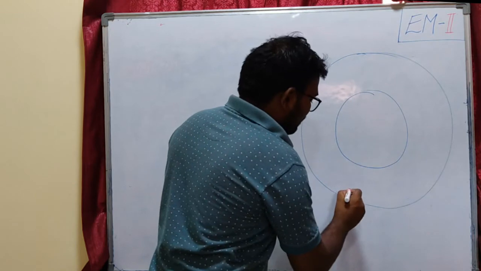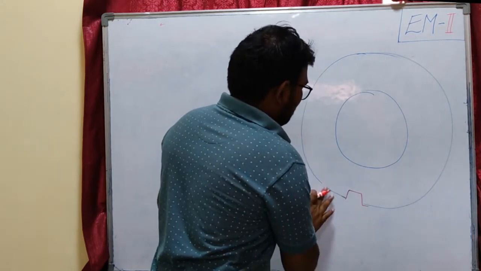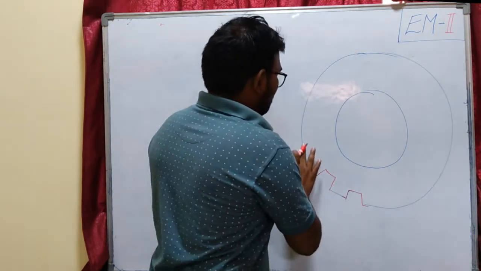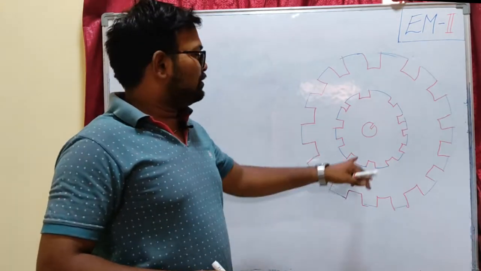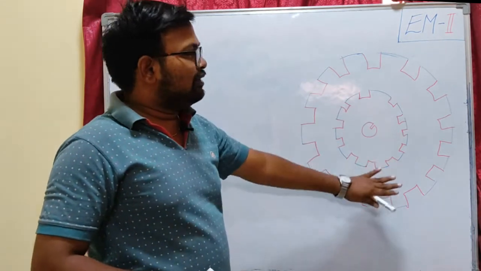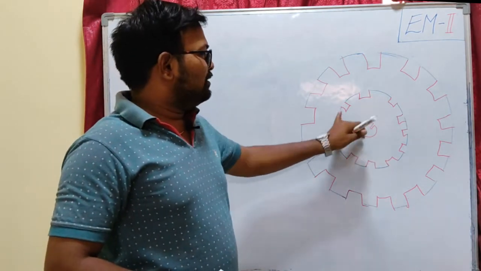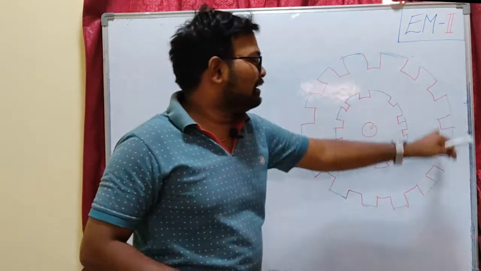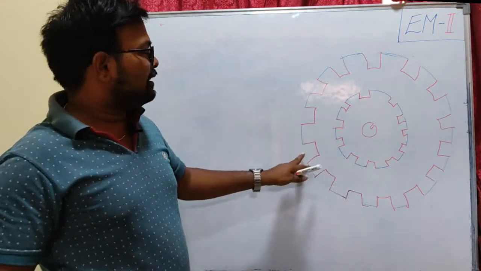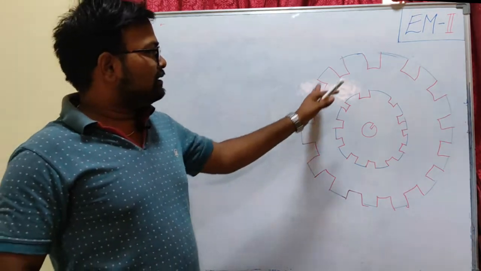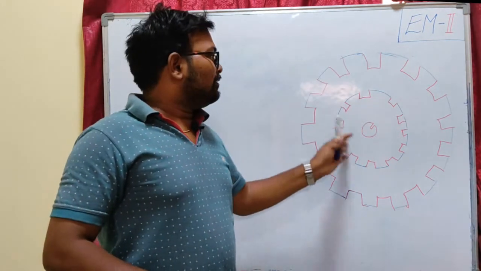We will have slots on the rotor and stator. So, these are the slots. This is a cross sectional view of a machine. This is the shaft, this is the rotor, and this is the stator. You can see slots made on the stator as well as the rotor. This is an angular view.